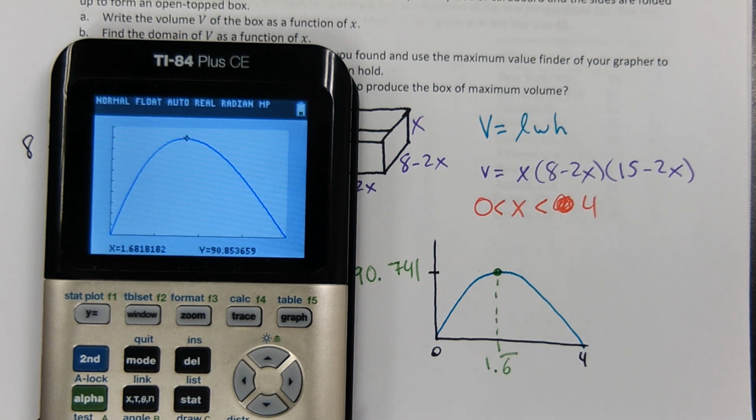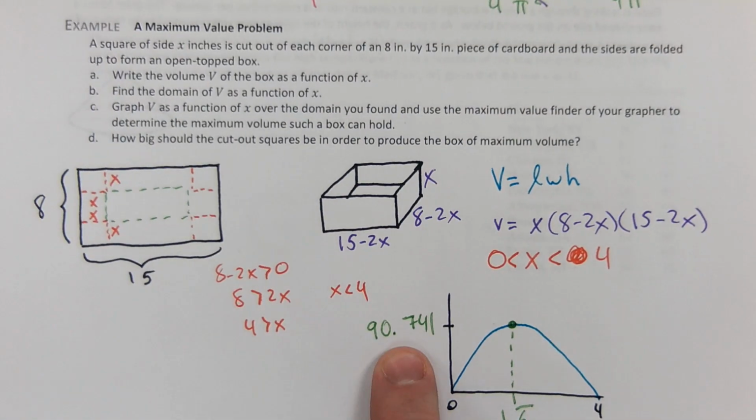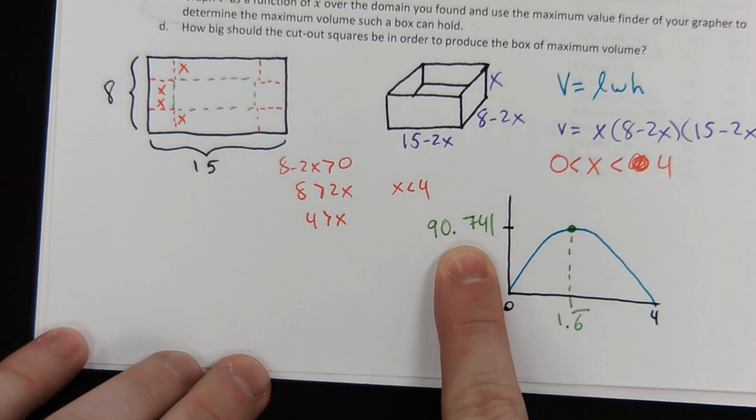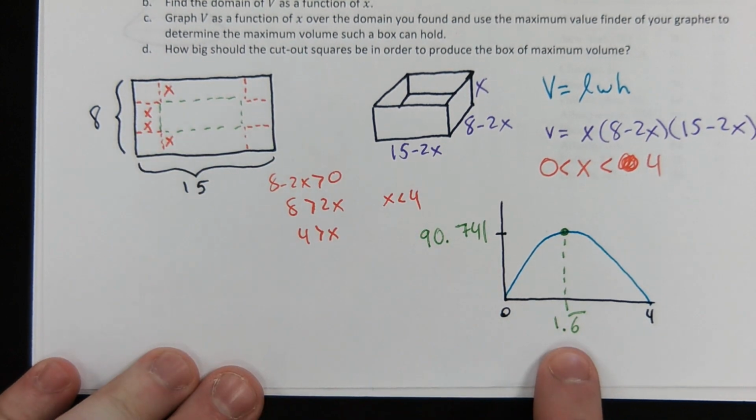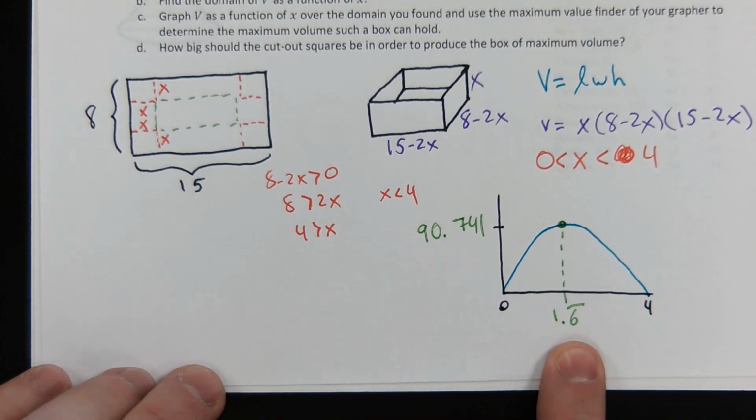Anyway, the question asked us to figure out what the maximum volume was. This is the maximum volume. So the max volume, the answer for C, is right there. D is the size of the box that had to be removed.